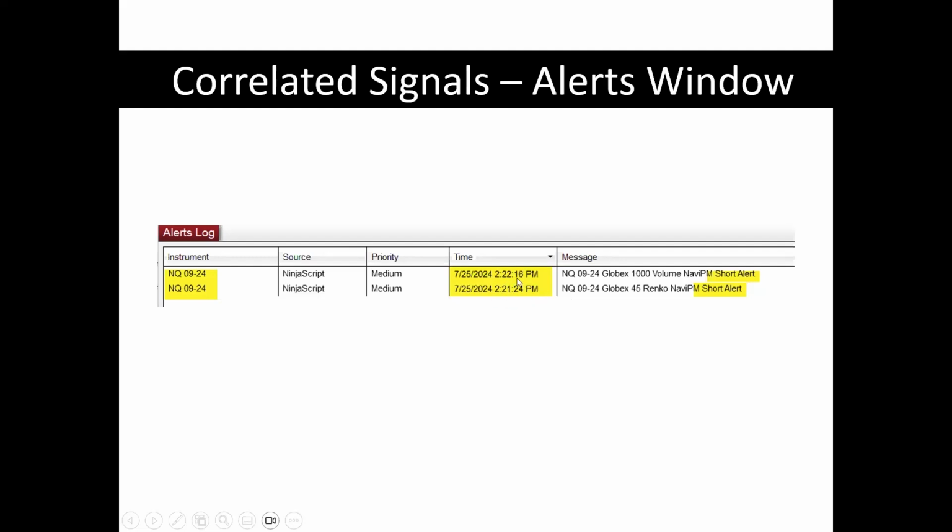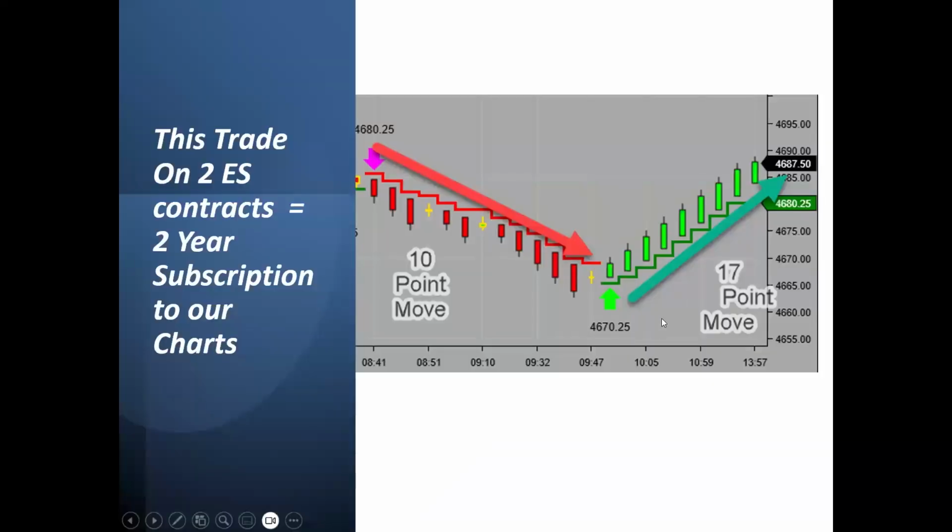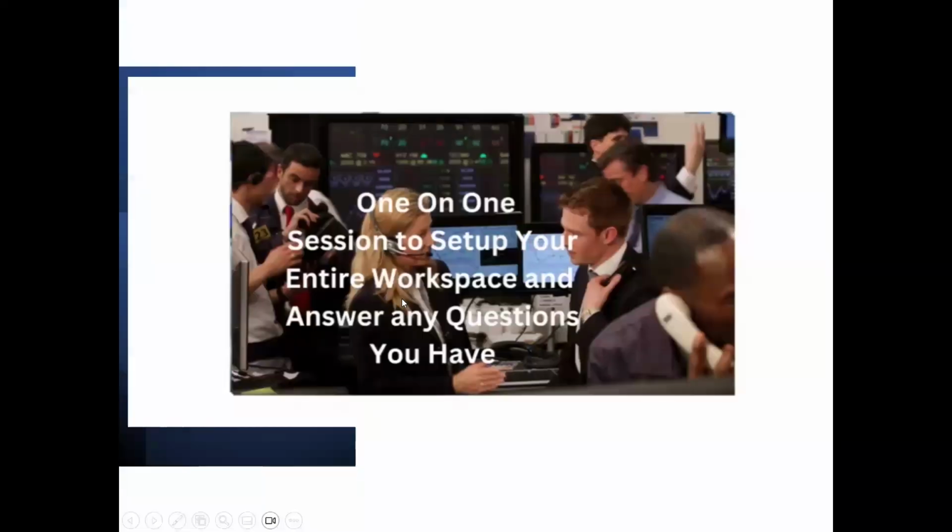So just about a minute apart on both those signals. All right, so here's a 10-point move down, a 17-point move up on the E-mini. Those two trades would actually pay for our 2-year subscription, which we're going to talk about here in a minute. So two trades would pay for a 2-year subscription.